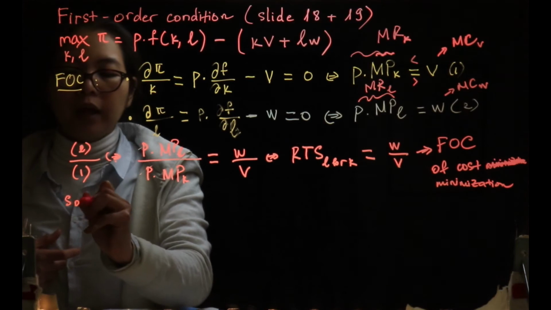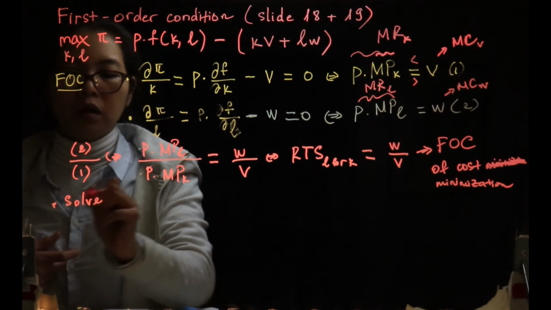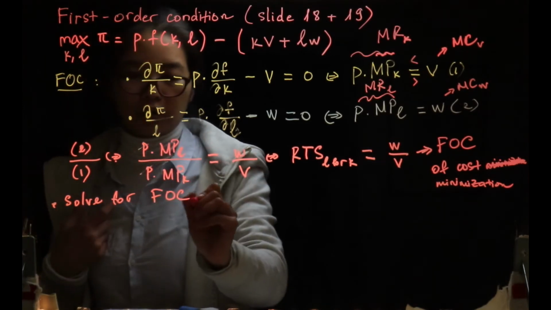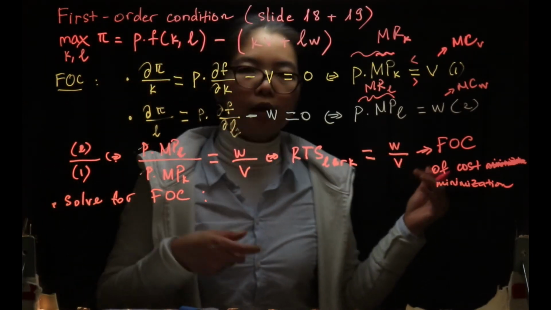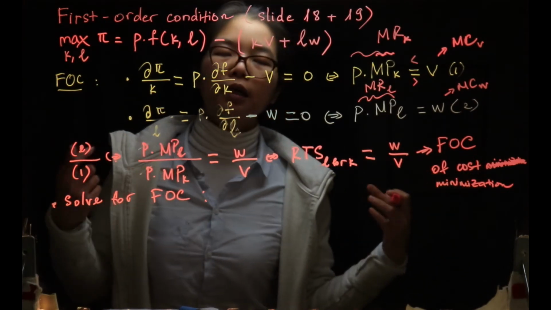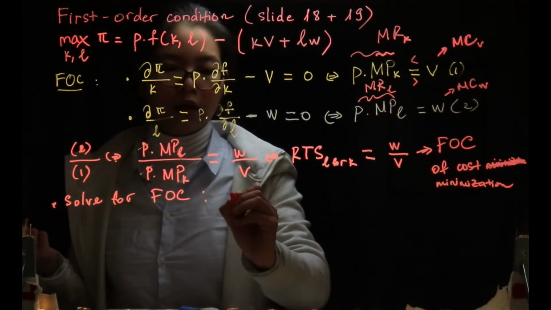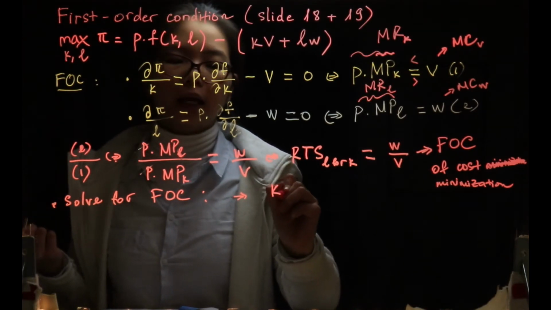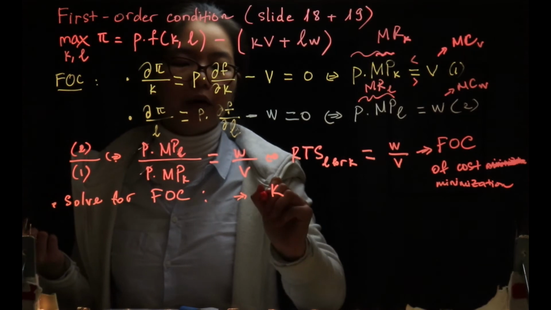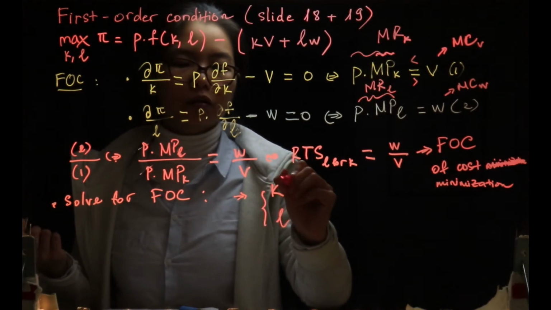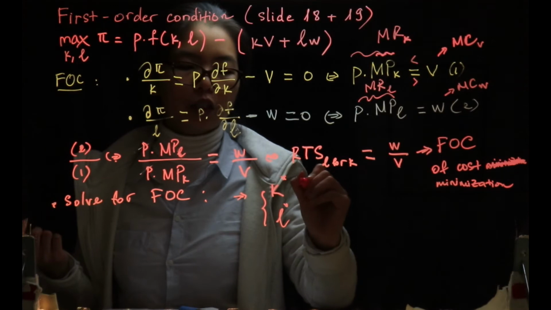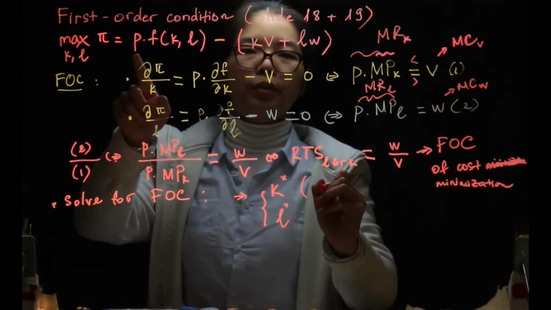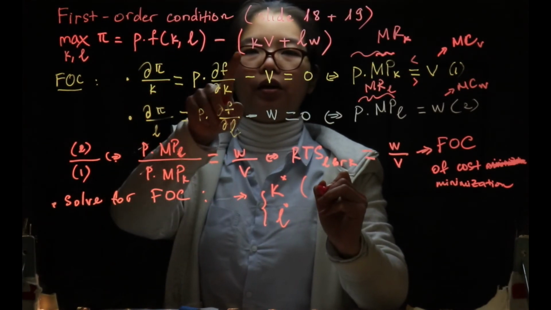So now, if we solve the FOC, first order condition, like we usually did before, we will get the solution for K and L, right? So K star and L star, which are now functions of all the parameters except K and L in here.